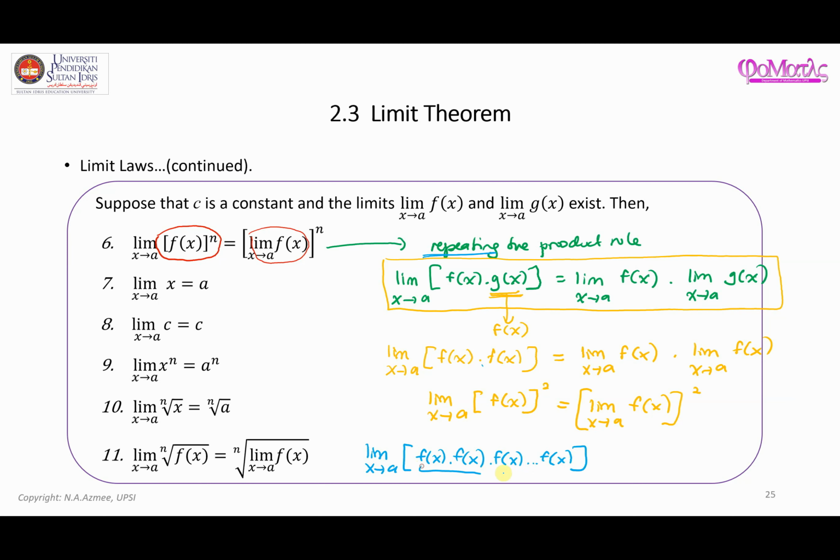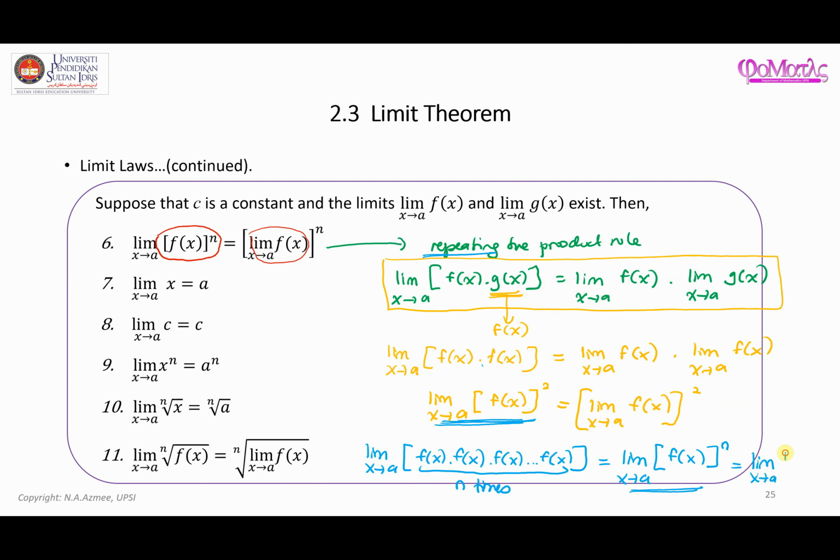Okay, so this here we've got n times, and therefore we can write down this expression here as limit x approaches a f(x). Well, if you have n times, you can simplify by using exponent. So we will have exponent n at the top part, and this will be equal to, so this one here is similar to this part here.